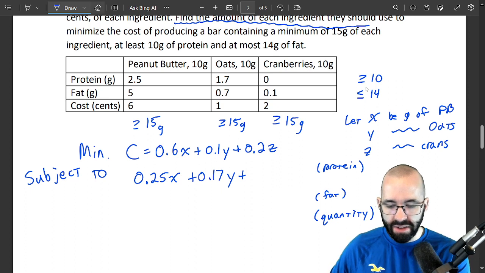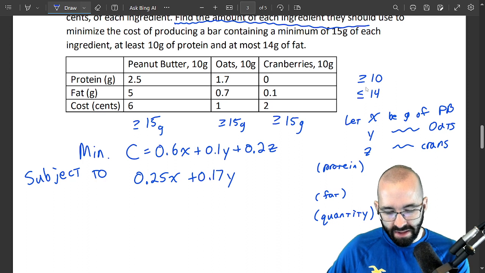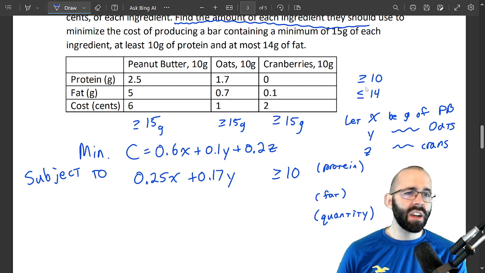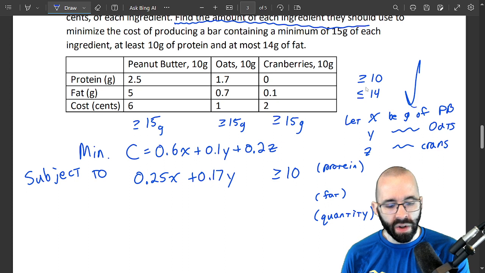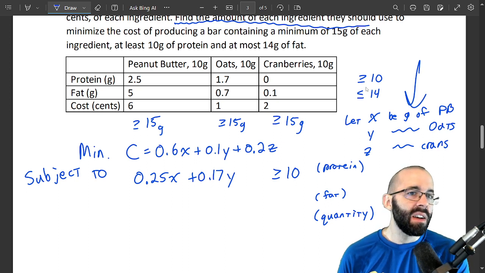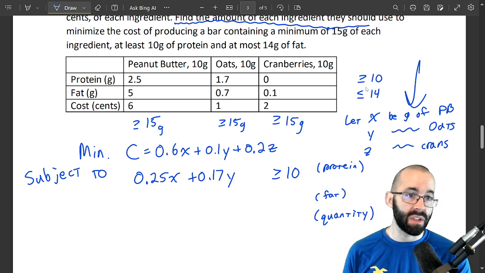Plus, okay, we don't need to write a plus. There's no protein in cranberries, apparently. We need that to be at least 10 grams. So you can kind of see here that at this point, it's a little annoying that I chose X to be how many grams of protein. It would have been a lot easier so far if I let X be how many chunks of 10 grams of protein.